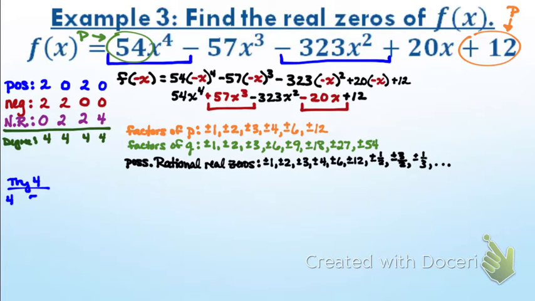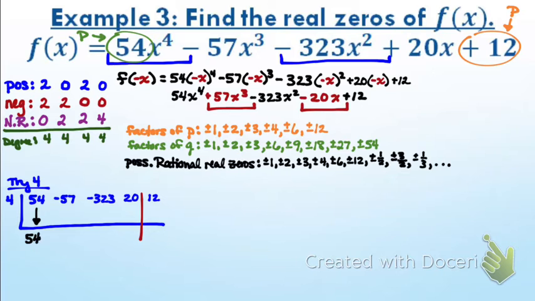So 4, and then I have 54, negative 57, negative 323, 20, and 12. We're going to bring 54 straight down. What is 4 times 54? 216. Which we're going to add to negative 57.